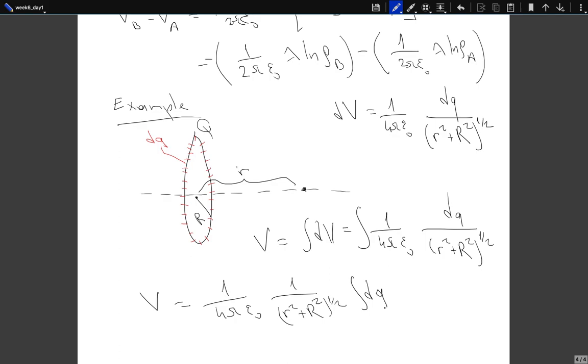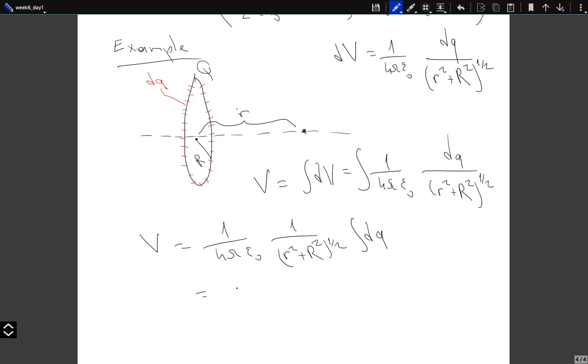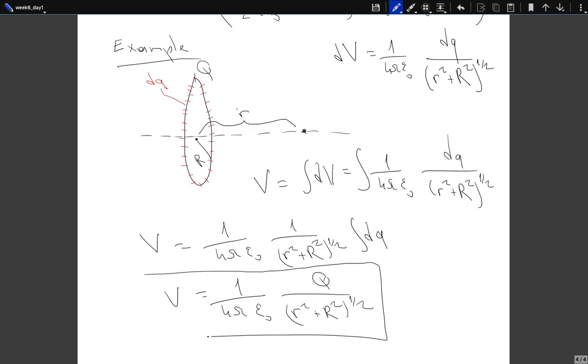That sum just gives me the total charge of the ring. So this is the potential created by this ring at a distance r from the axis passing through its center.